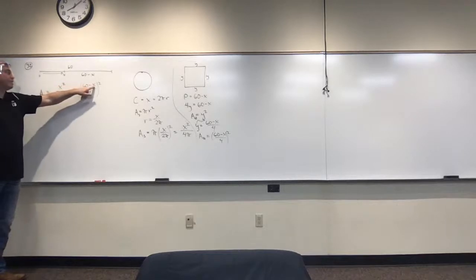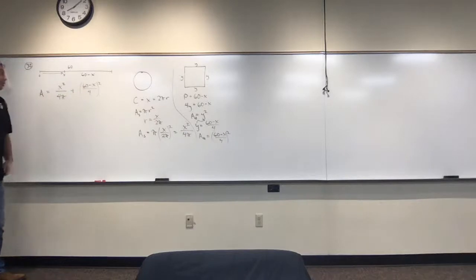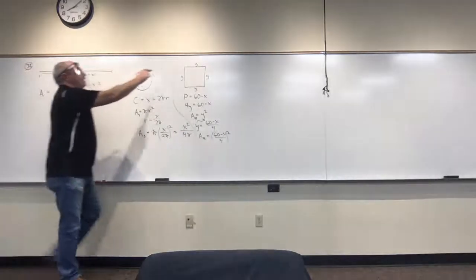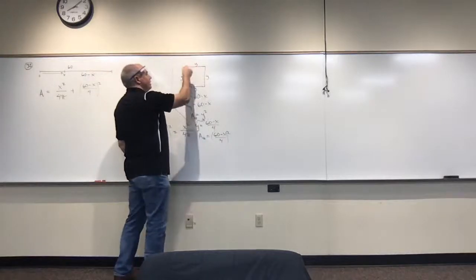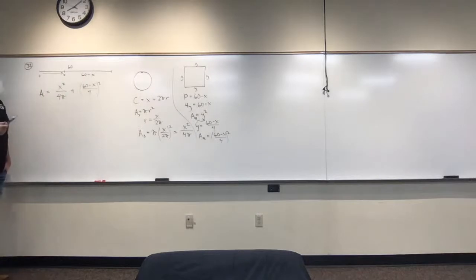So if I plugged in 0, then I get 60 divided by 4, then squared. So I take the perimeter, divide it into 4 pieces, and then square that side, and that would be perfect.